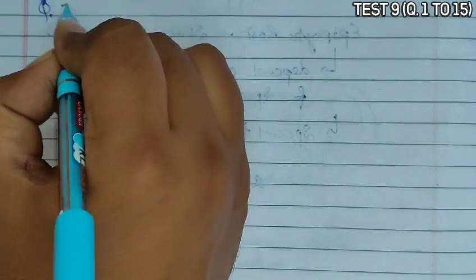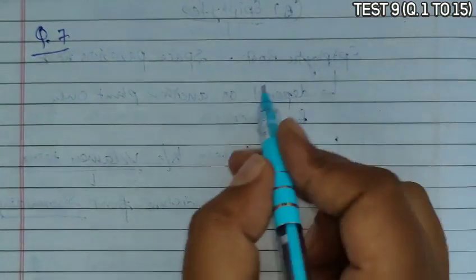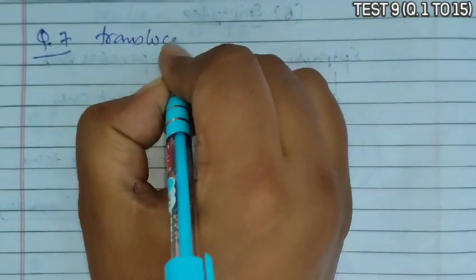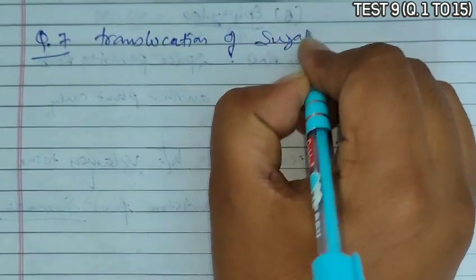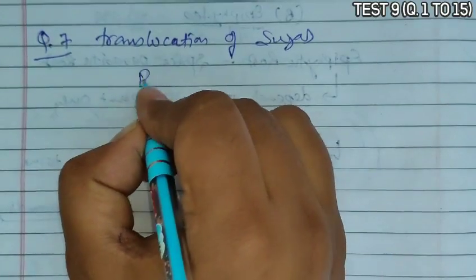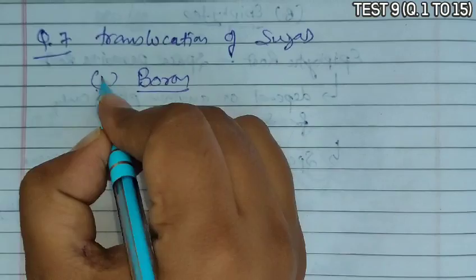Next is question 7. Question 7 asks which one of the following elements is necessary for translocation of sugar? Now translocation of sugar is facilitated by the element known as boron, and that is given in option D. Why?